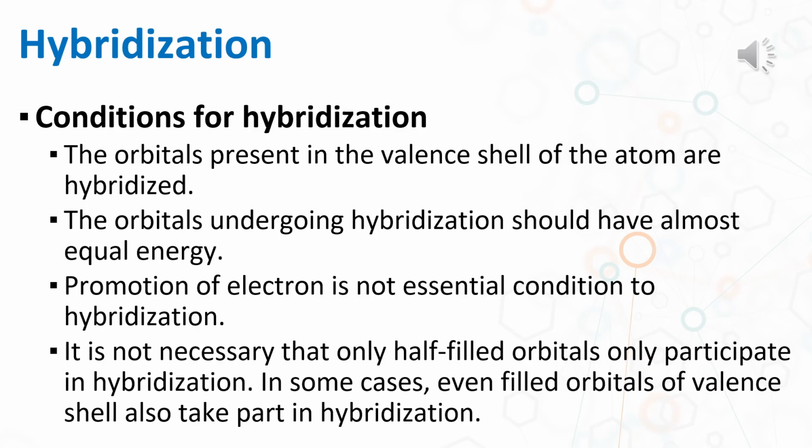Next, let's discuss the different conditions for hybridization. I'll just summarize the four, so kindly take note. The first is that only valence shell orbitals are involved. The second is that the orbitals must have nearly equal energy. The third is that electron promotion is not essential.